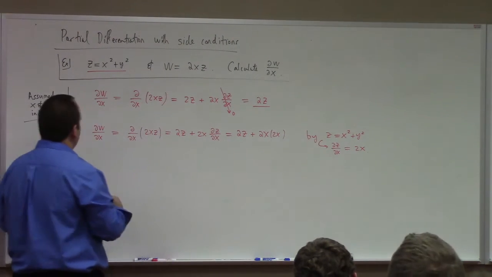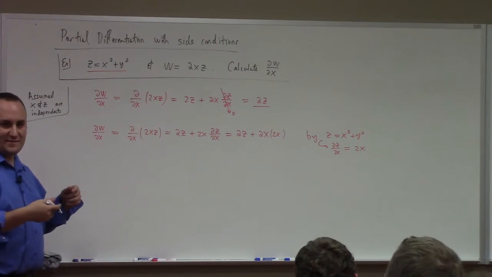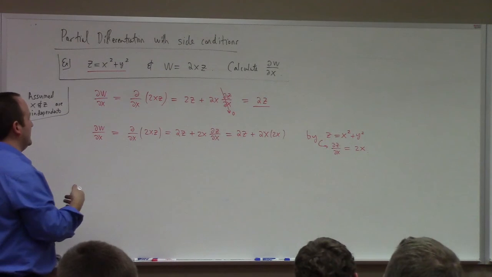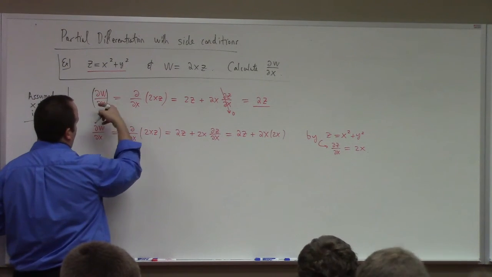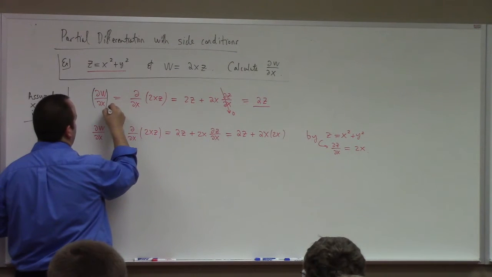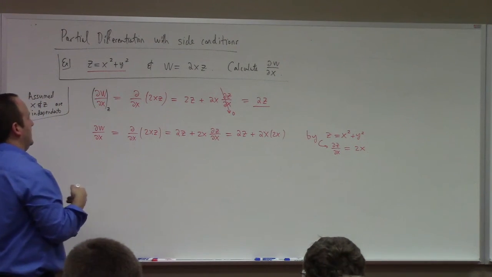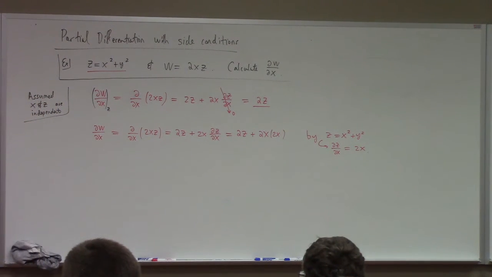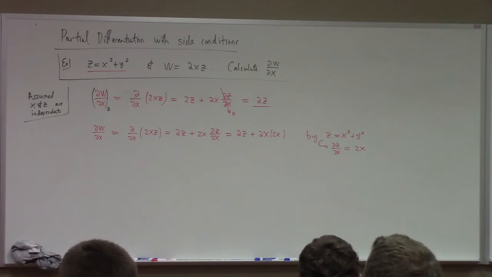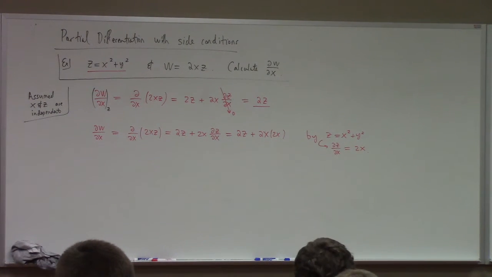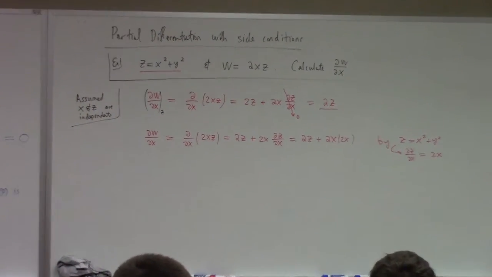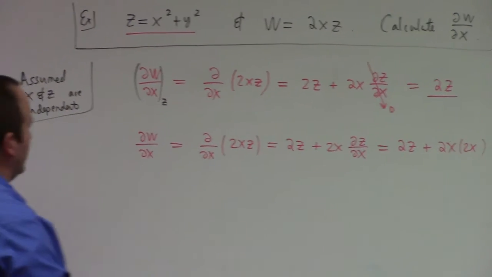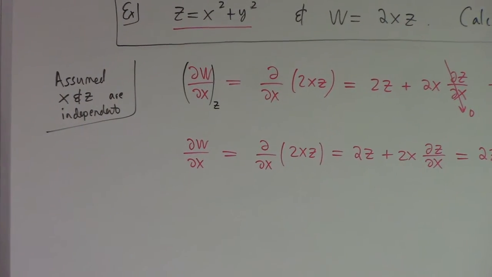So you'd like some notation which reflects this, because we don't want partial w partial x to be ambiguous. What I do is put parentheses and a little subscript z. That means I'm differentiating with respect to x while holding z fixed. In other words, that notation declares to the reader that my independent variables are x and z. So as a sidebar, what are the dependent variables by process of elimination?